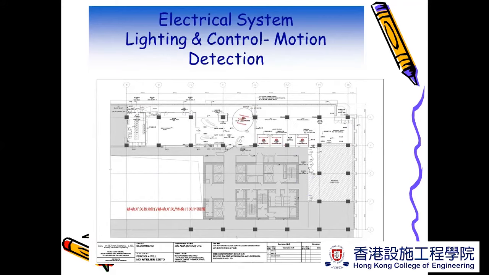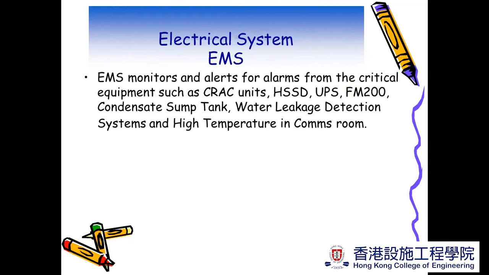Motion detection we mentioned about in the office area. Okay, and also the energy management system, right? Energy management system monitors the alarm from different systems, something like a BMS system, right? Say in this case, they have the monitoring for the CRAC units, the high sensitivity smoke detector, which sometimes we call the Vesta system, UPS, FM 200.